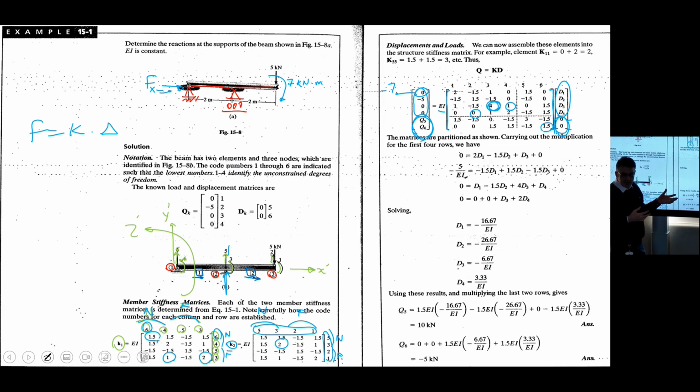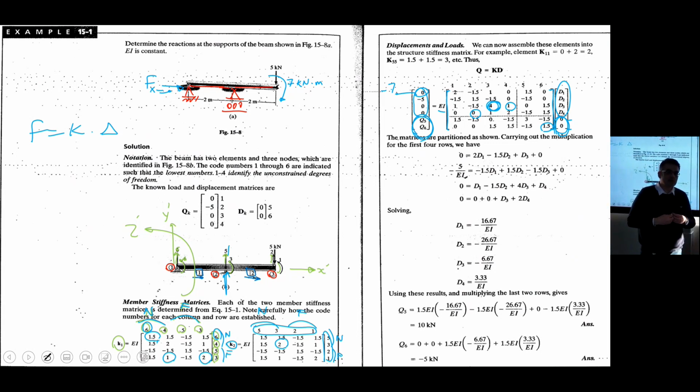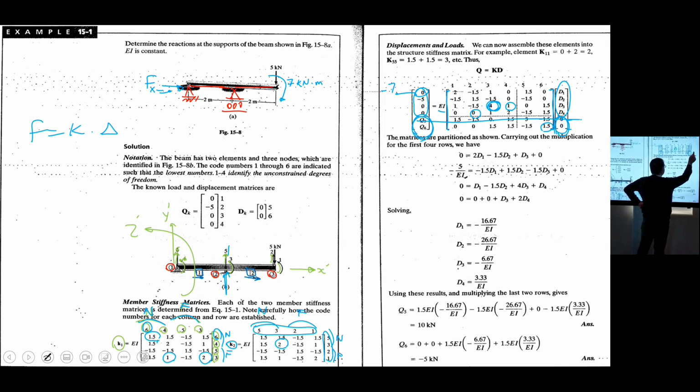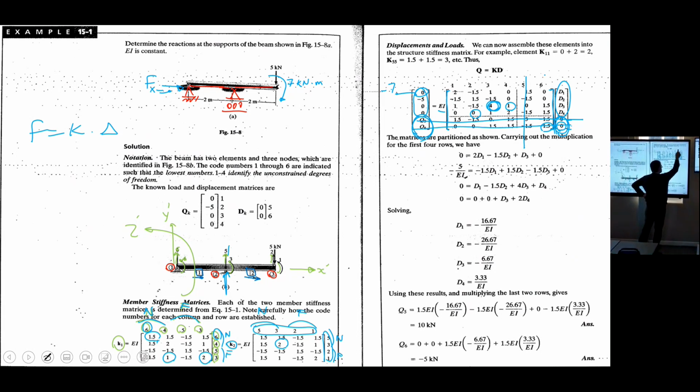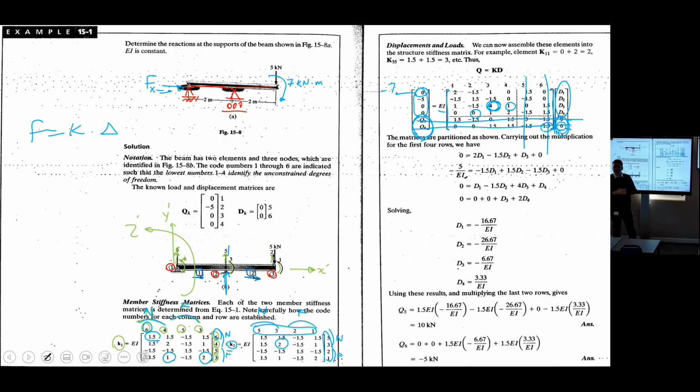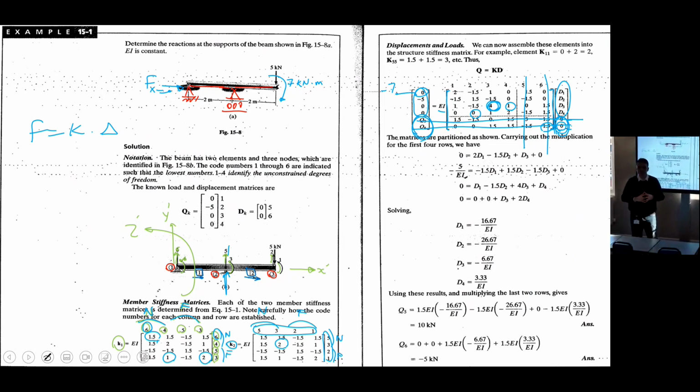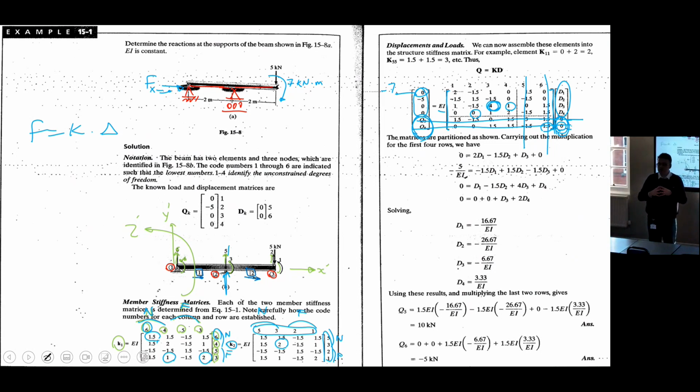For those numbers corresponding to the supports, for example, this is 0 for the support. This is the fifth line. Just eliminate row 5, column 5. This is 0, and this is in row 6. Just eliminate row 6, column 6. Eliminate all the rows and columns corresponding to known displacements, which are usually from supports.